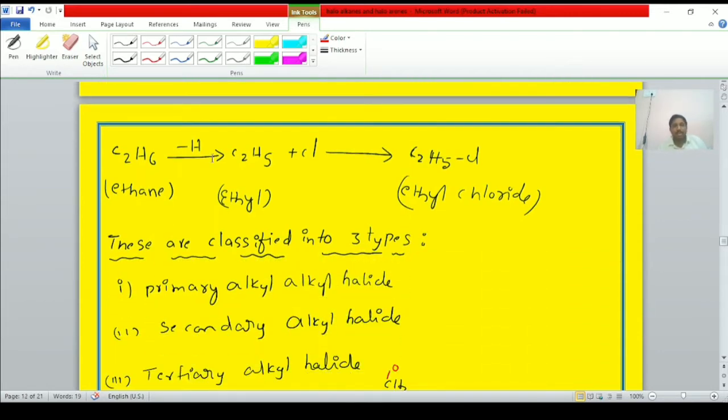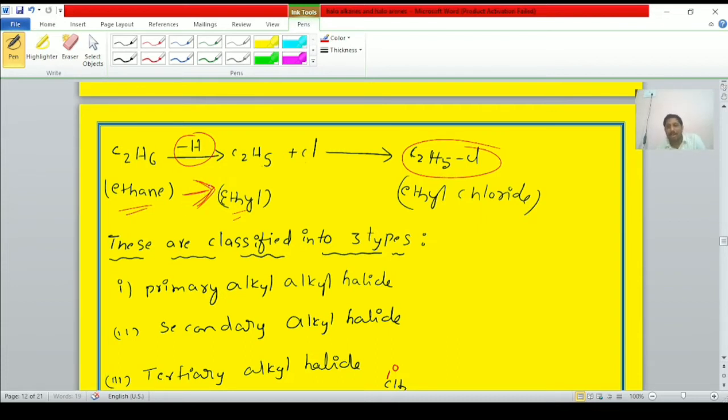Next one, students, ethane, C2H6. Loss of one hydrogen atom. What happens, students? Ethane can be converted into ethyl, because an alkane changes to an alkyl, meaning ethane changes to the ethyl group. Ethyl plus chlorine gives ethyl chloride.